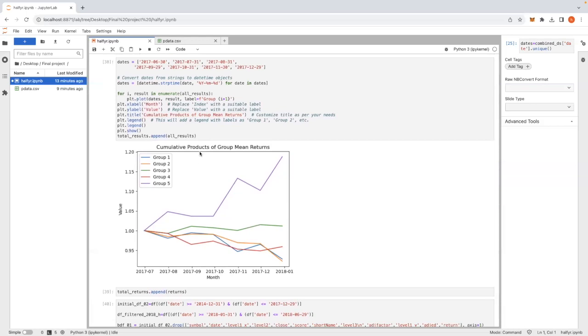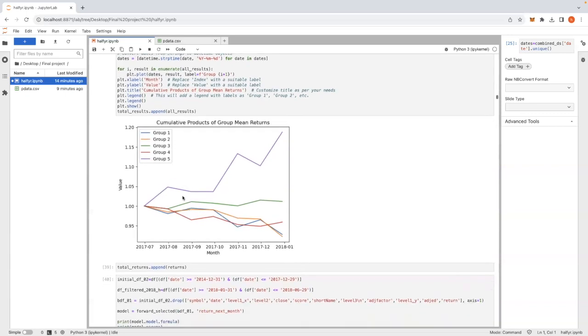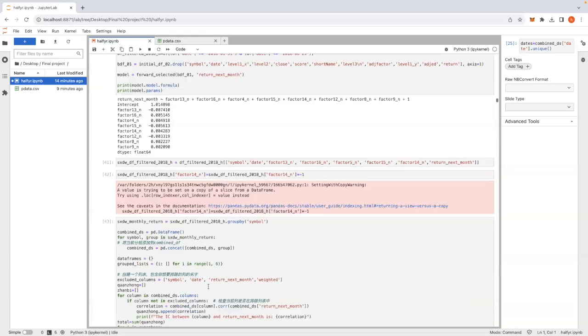From 2017 until now, we have 9 years of data, and we can generate 18 tables like this, and we can see the return on this. Again, group 5 has the highest return.